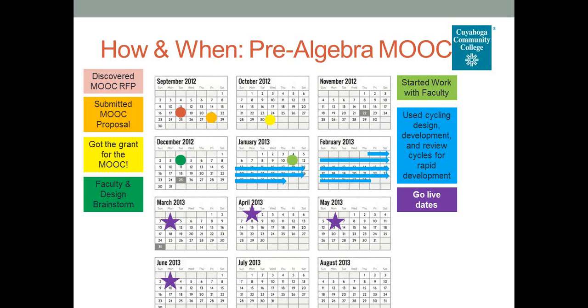So our expectation was that we would have some of the population that would be part of the massive users, and we'll talk in a moment about the enrollments that we achieved, but we were hoping that we would have some local users that would have had an experience with our Compass test score, experience the MOOC, and then work a little higher. And we'll talk about them in a minute.